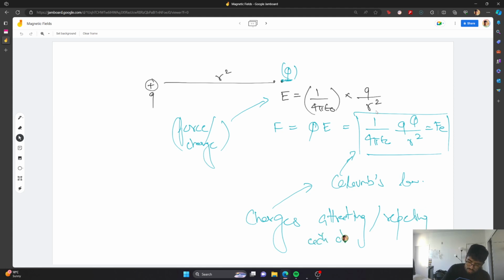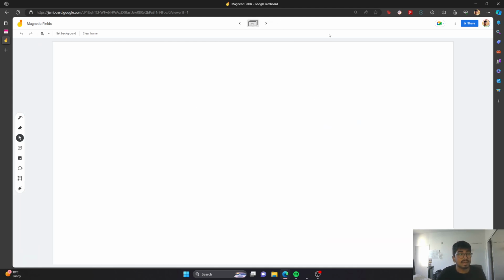Okay. So that is what we have seen till now, right? So now we are shifting a little bit. Now we are talking about magnetic fields, right? So the first key idea behind magnetic fields is not stationary charges but moving charges, right? So in Coulomb's law, we only talked about charges.